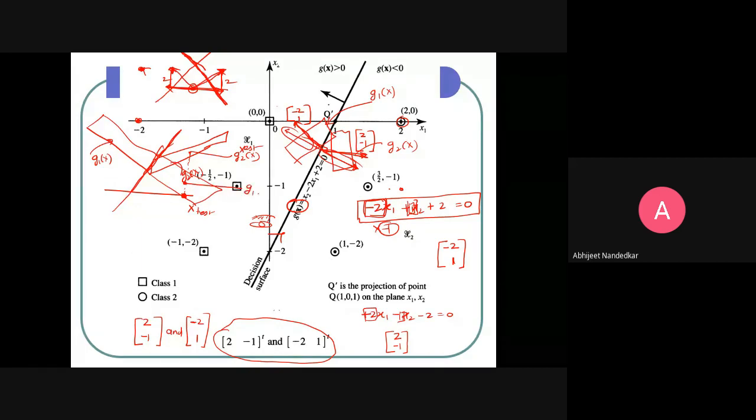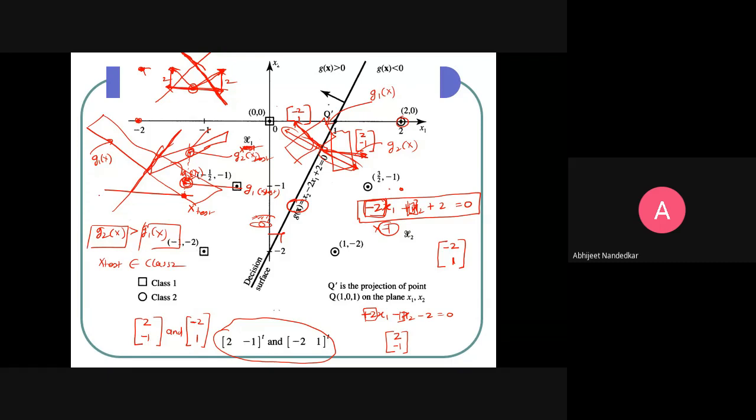So this much value is for G1x test. So which one is bigger? G2x is greater than G1x. Why? Because this will produce only this much and this will produce this value. So this value is greater than this value. So my function G2x is more than G1x. Then I can say input X test belongs to class 2.